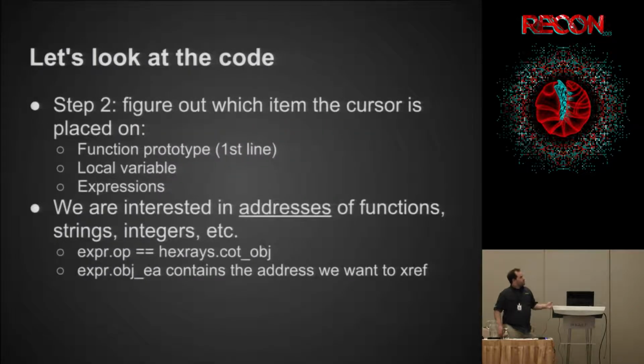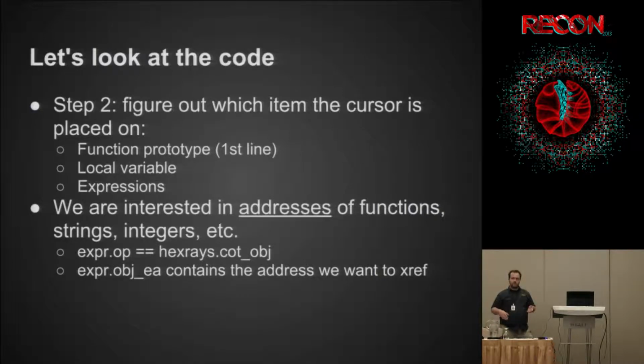So step 2, you figure out what item the cursor is on. So you can have the function prototype, which is the first line of the program, the variable, which are the following lines, or any expression in the body of the program. So here we're interested in objects, so functions, integers, or strings. They all work.